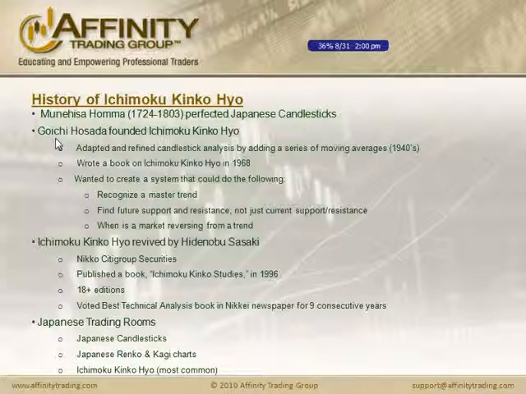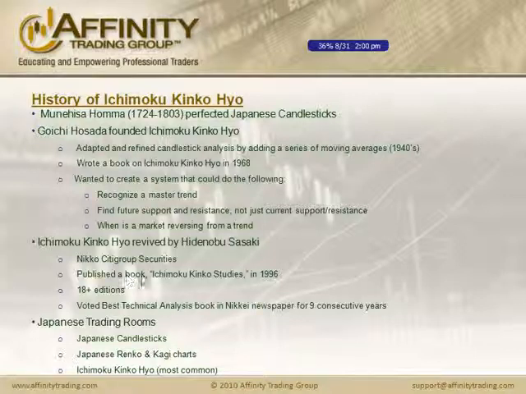His goal was to do three things: recognize a master trend, find future support and resistance, not current support and resistance, and find out when markets were reversing from a trend. Those three main goals were the sole reason for creating Ichimoku. So he went out by hand with a whole bunch of statisticians and created what today is known as Ichimoku.